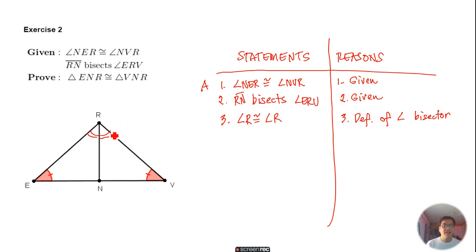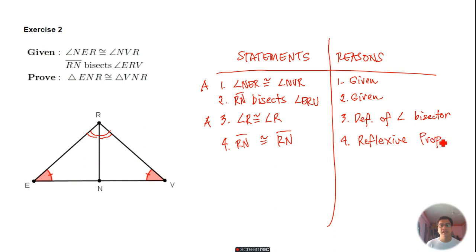So we have their angles also. And lastly, the particular side that we can see is congruent: RN is congruent to RN. Our reason for this is the reflexive property.